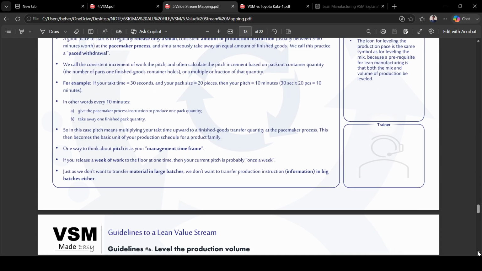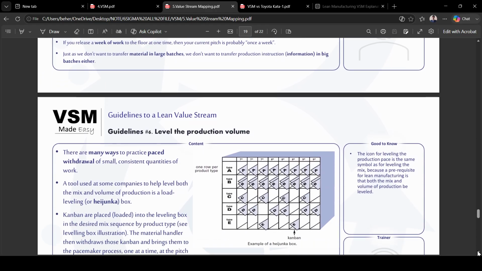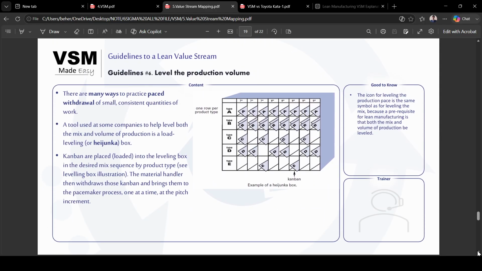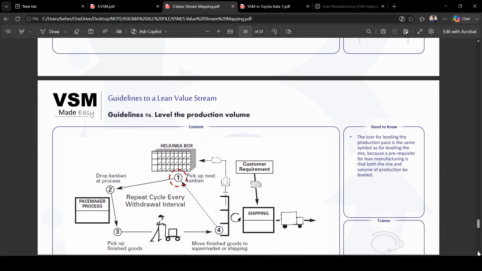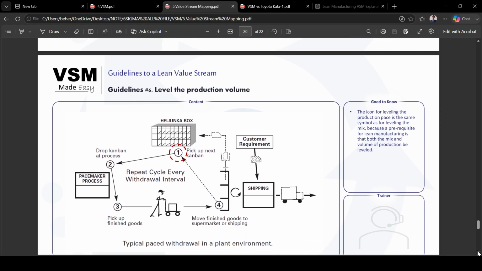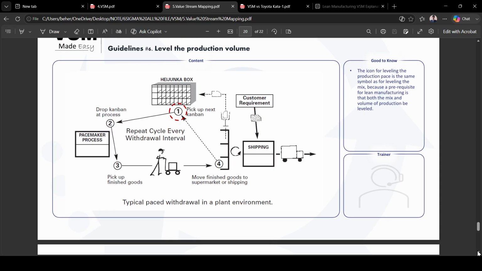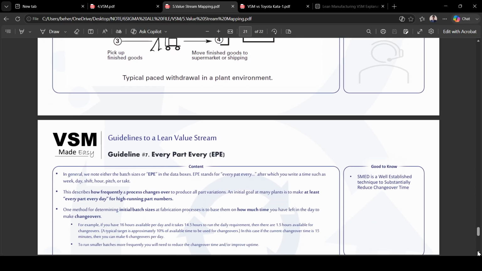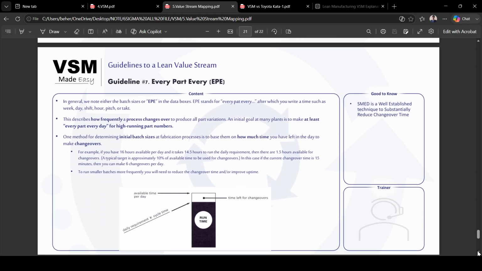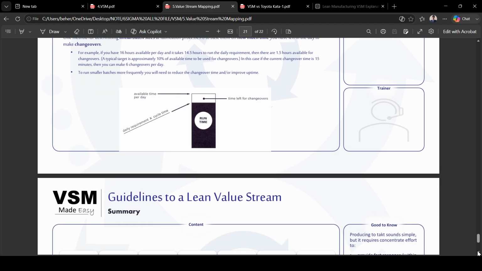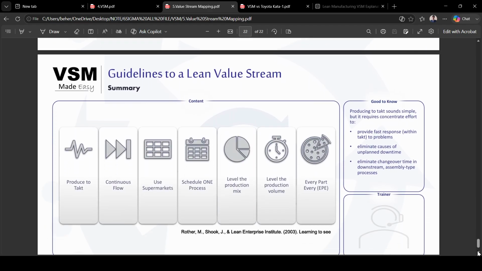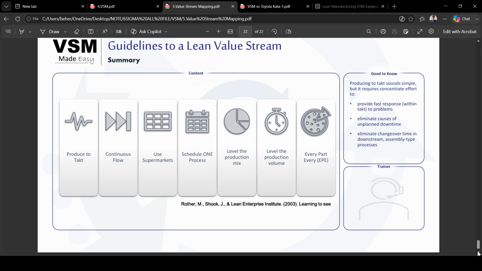One more example. And this is the level the production volume examples. Then every part, then this is the summary of the VSM.